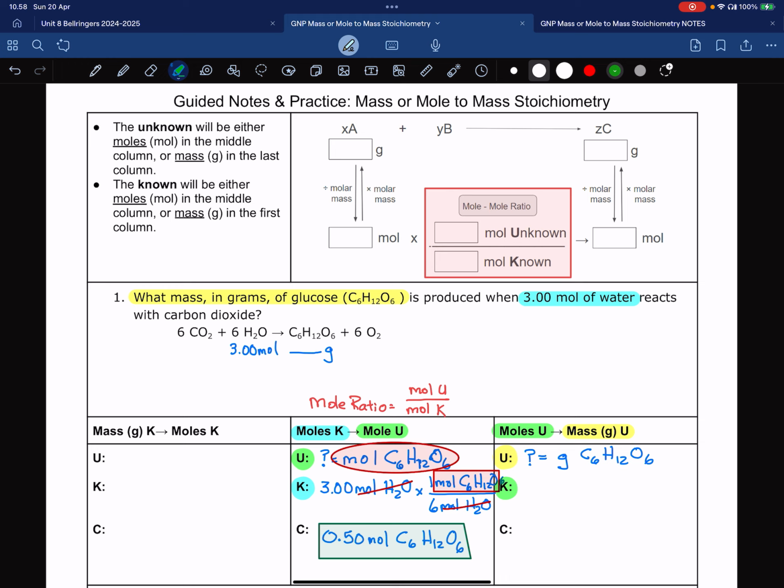I'm going to take this unknown here and move it to here: 0.50 moles of C6H12O6. That is my new known.